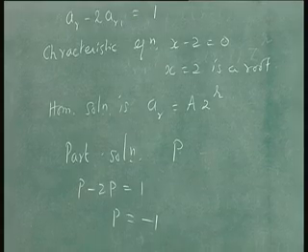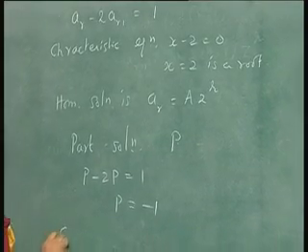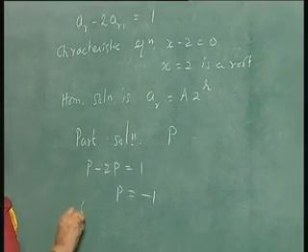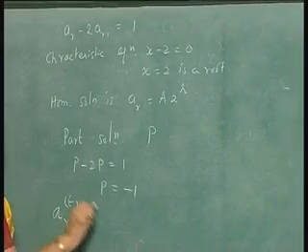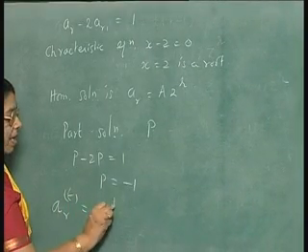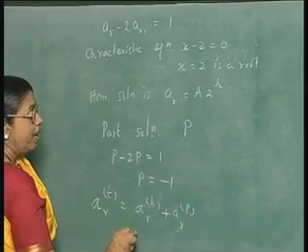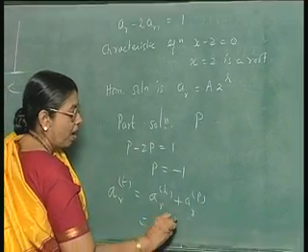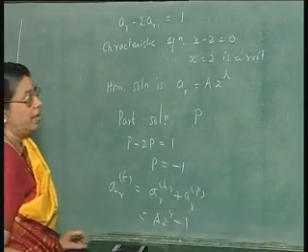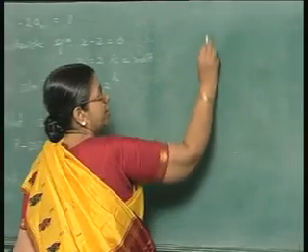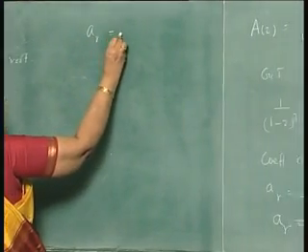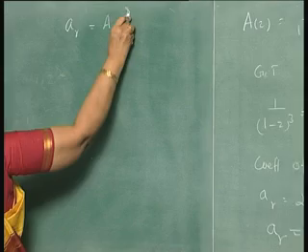So, the total solution will be homogeneous solution plus particular solution, and that will be A times 2 power r minus 1. So, you have the expression for A_r as A times 2 power r minus 1.